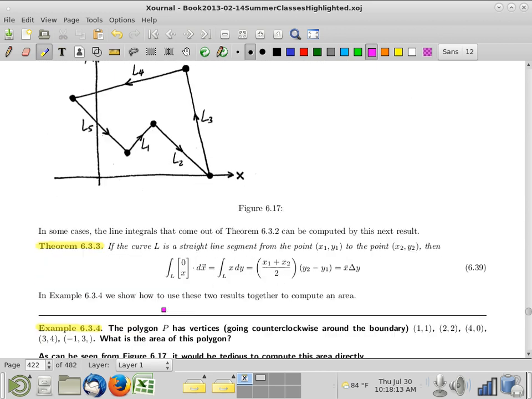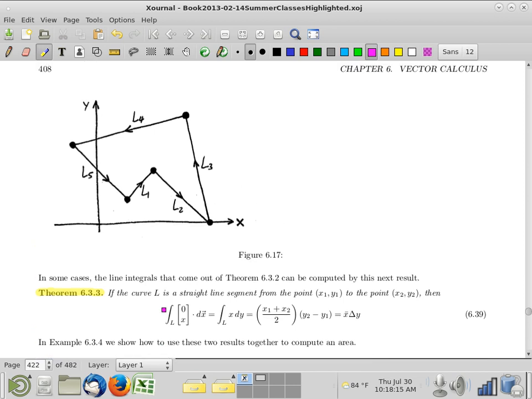And here's an instance that makes it really, really useful. If you are talking about a line segment, forget about the rest of this polygon for the moment. If you're looking at a single line segment, this integral is computed by four-function arithmetic.